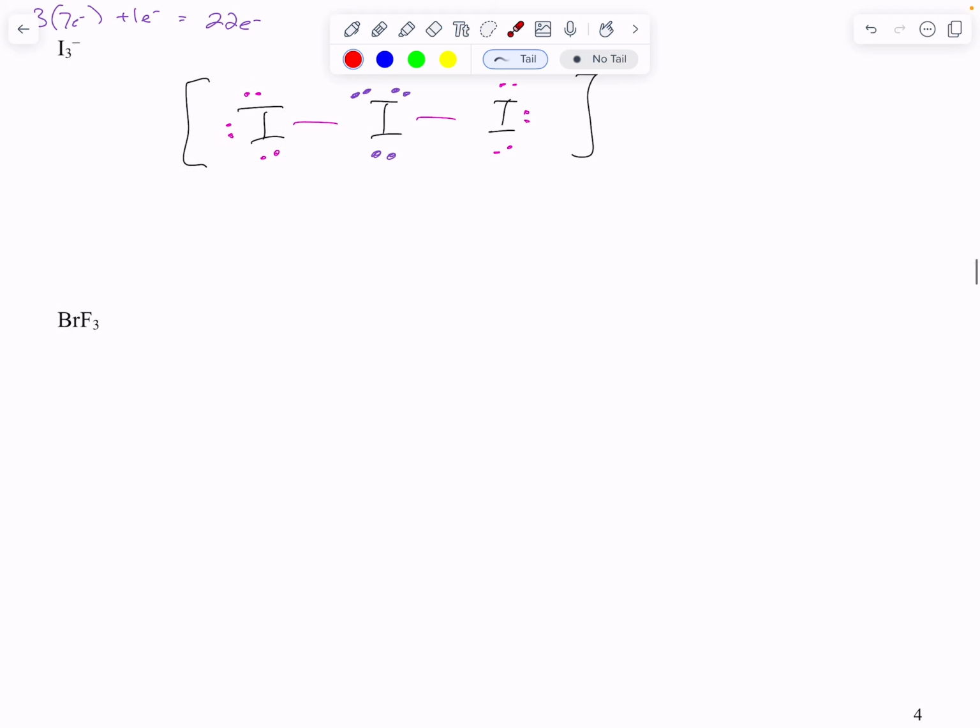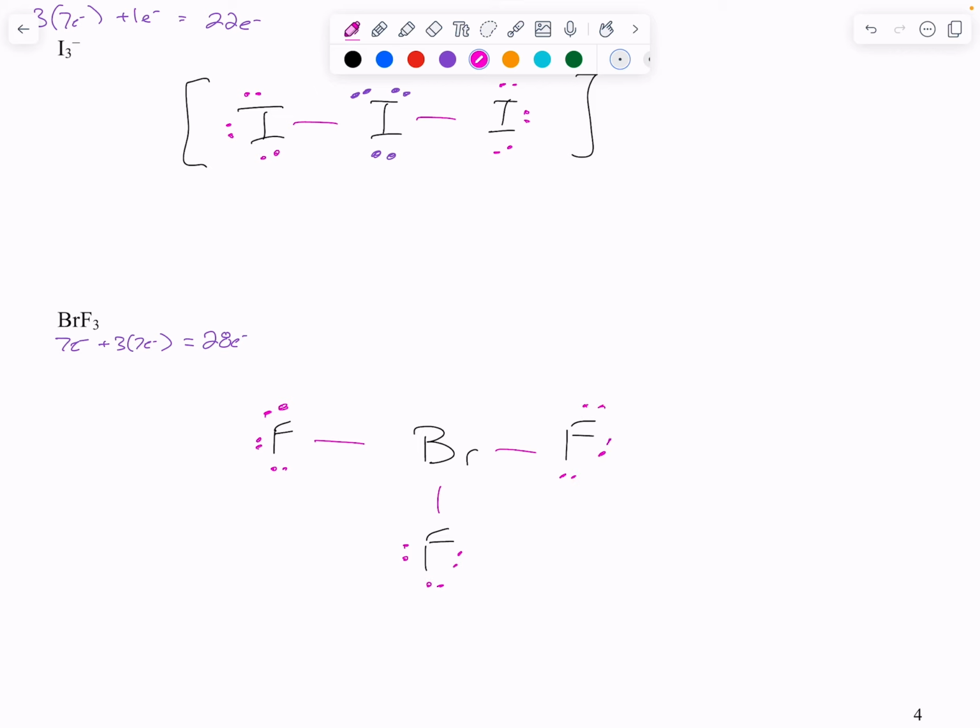All right, last one, bromine trifluoride. It's 7 electrons plus 3 times 7 electrons, so that's 28 electrons. Who's in the middle? Not fluorine. So Br, F, F, F. 2, 4, 6, up to 28.